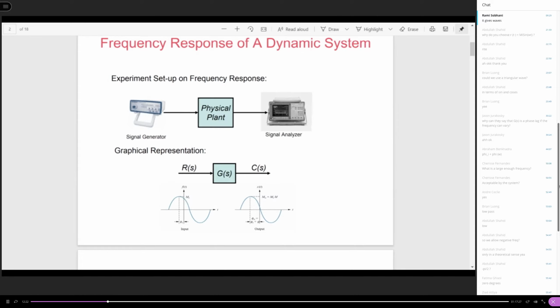When the frequency spans an interval, a range, we call that range a spectrum. So if you do this kind of experiment, you are going to find out that a physical system's capability to respond to a signal in that spectrum is different.